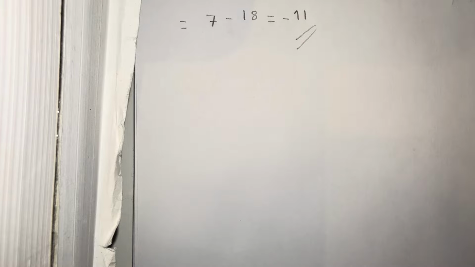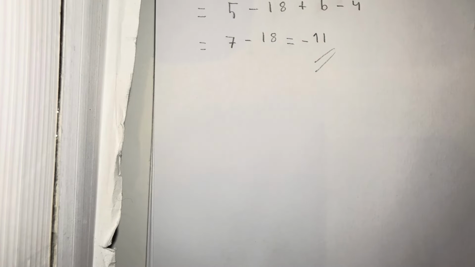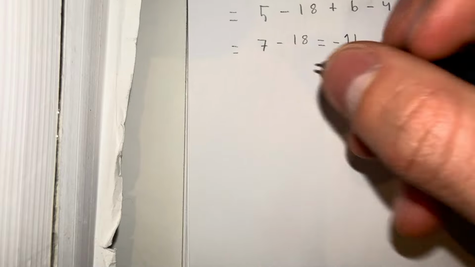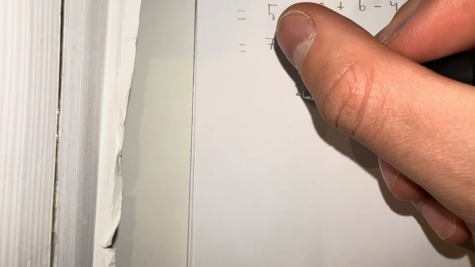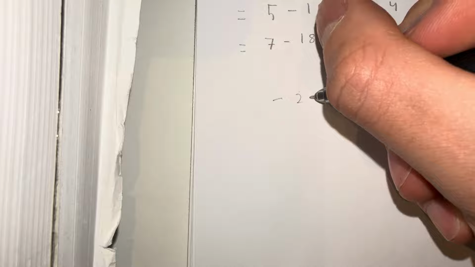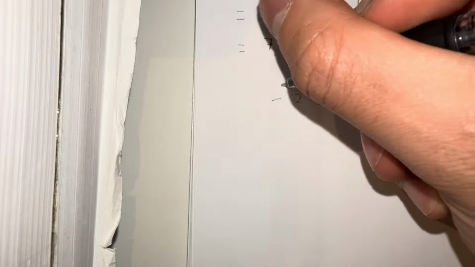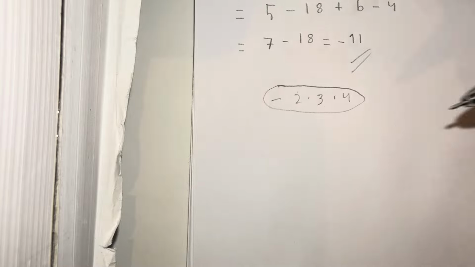Okay, let's see now another example. Suppose you have negative 2 times 3 times 4. This whole thing here is a term.